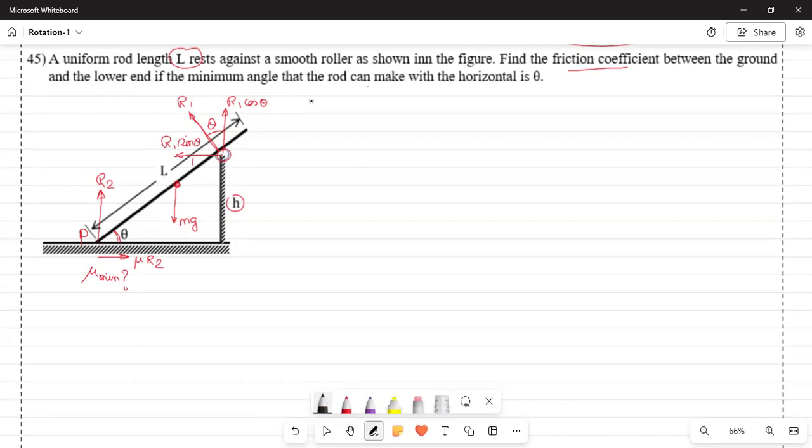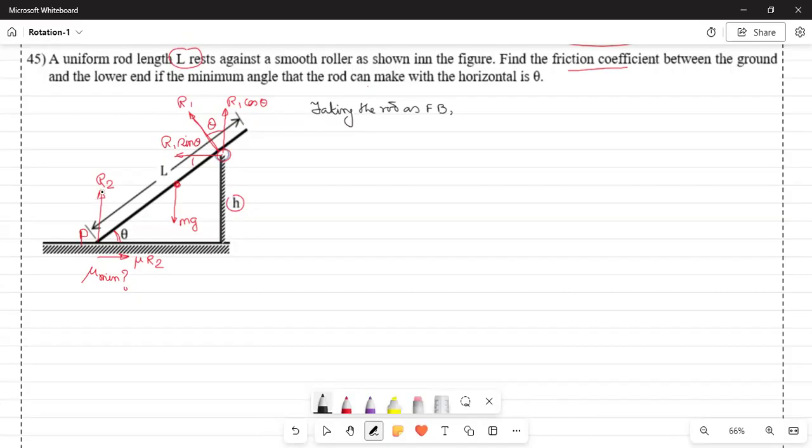Taking the rod as a free body, what can we do? As I said, we have to equate vertical forces.